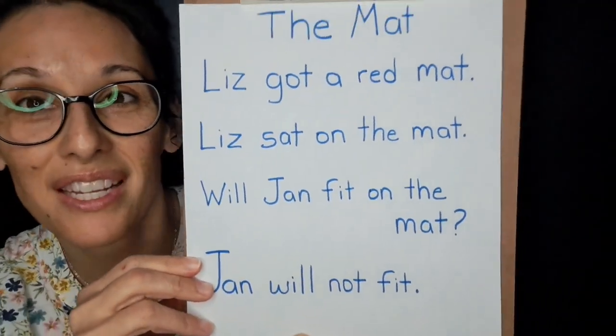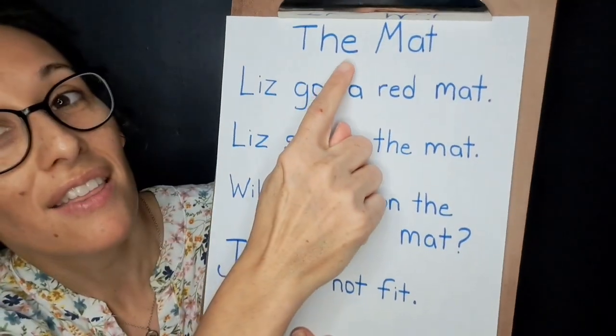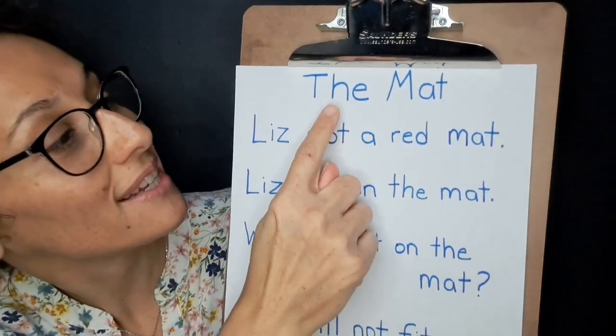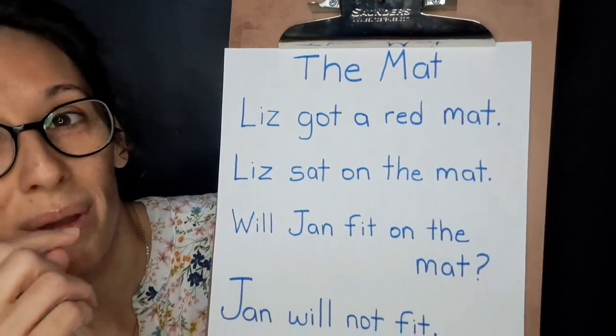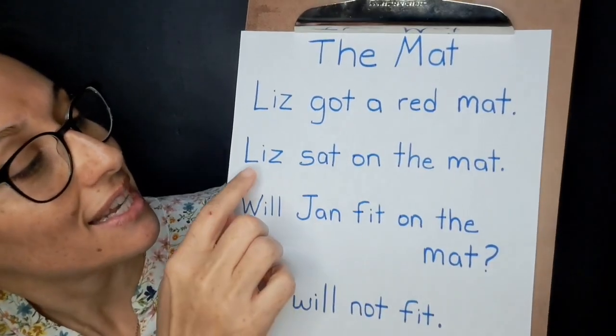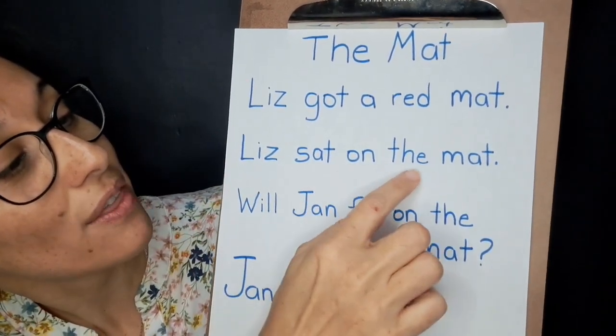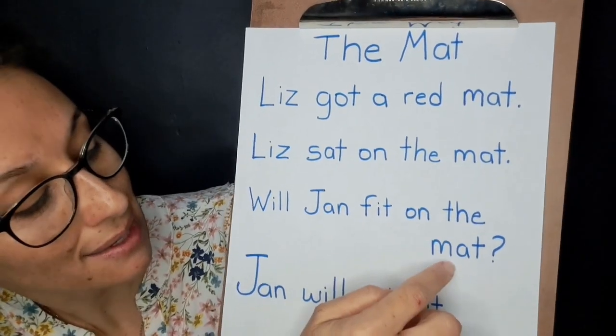Now, let's read it together, the whole thing, so you understand it a little bit better. The title of this story is The Mat. If you can, read it with me. Liz got a red mat. Liz sat on the mat. Will Jan fit on the mat?